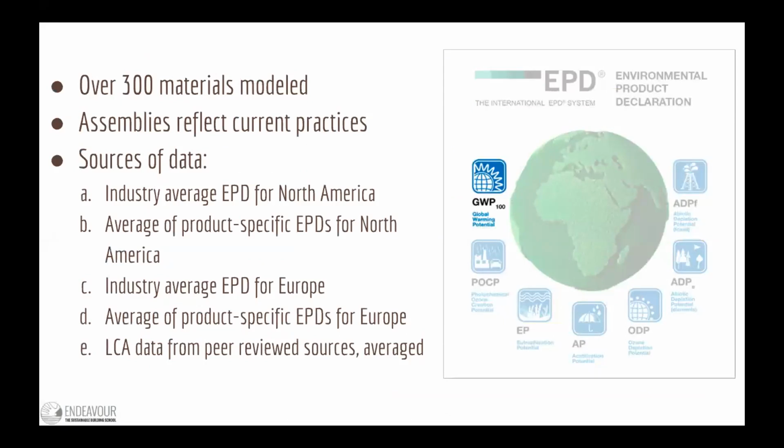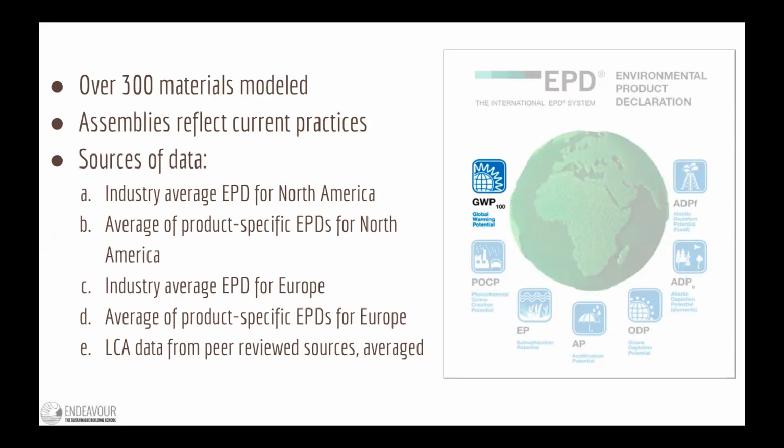So in the study, I modeled well over 300 different materials that could be used, and all of them actually are being used for residential buildings in this part of the world. And as Christian was saying, you don't want to just make up models or compare materials that don't actually work in a building or don't work together.